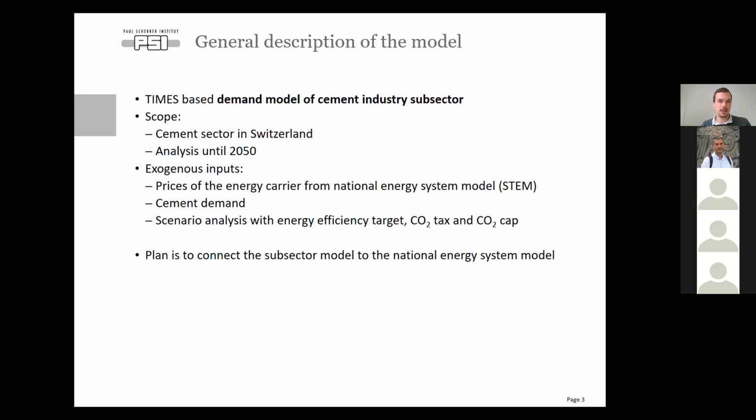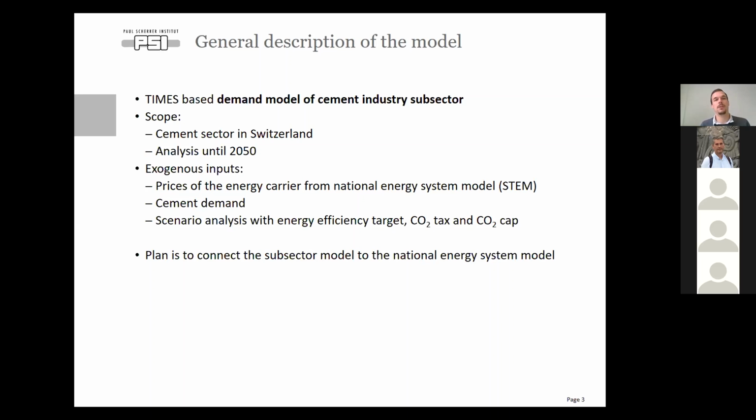But because it's a decoupled model from the energy sector, we also needed some exogenous inputs. For example, we took prices of the energy carriers from our national energy system model that we have developed here at PSI, which is STEM.